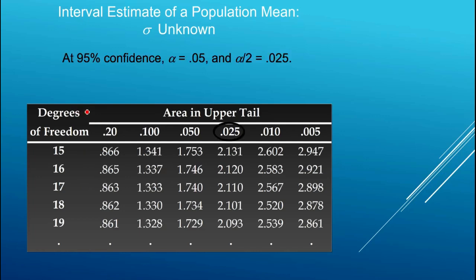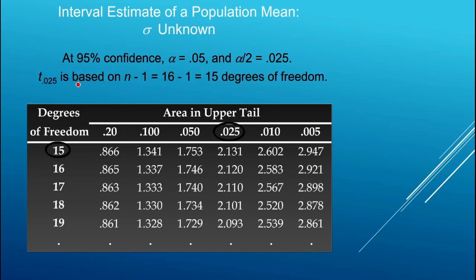So step by step here, as I said, the 95% confidence interval implies that alpha is equal to 5% and alpha over 2 is equal to 2.5%, 0.025. So we look up that area that's in the upper tail that shows up in the column here, looking at the first row of the table, and then we look up the degrees of freedom.